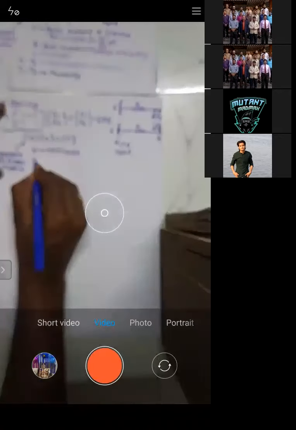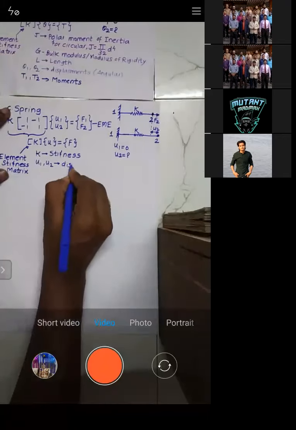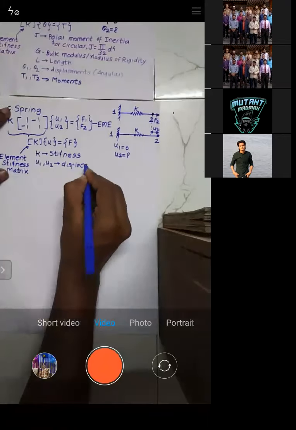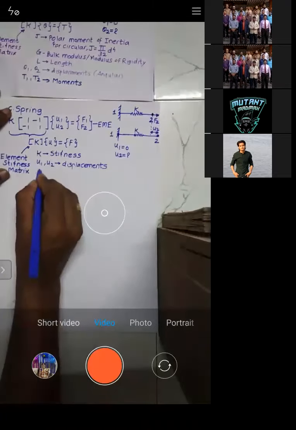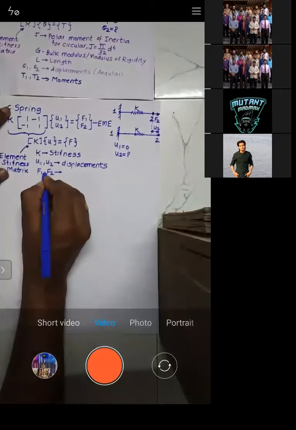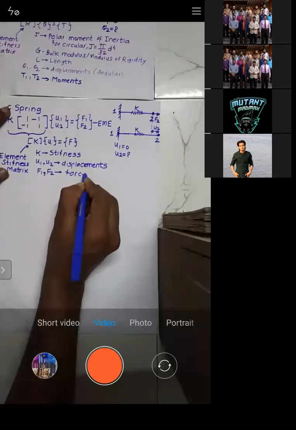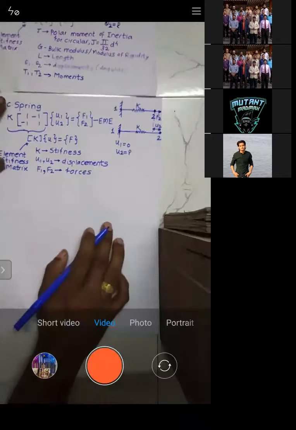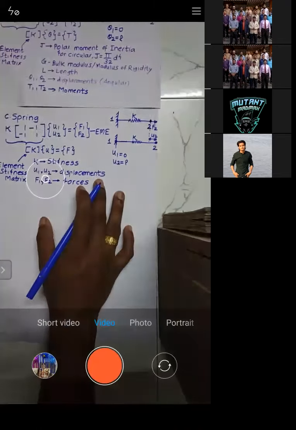U1 and U2 are the displacements. F1 and F2 are the forces. Is it okay with this one? Let me know.